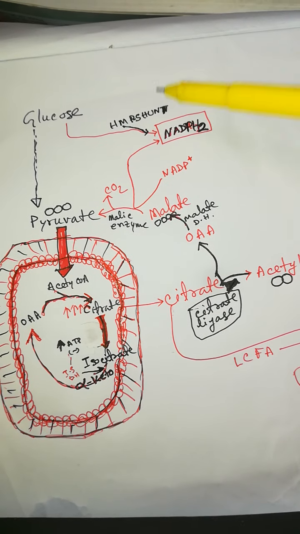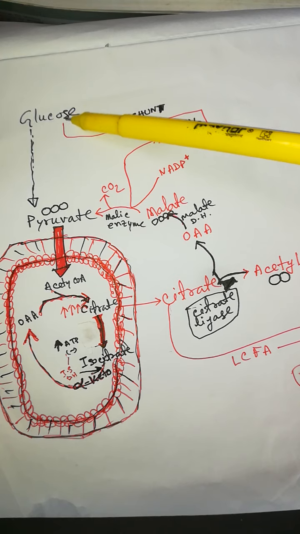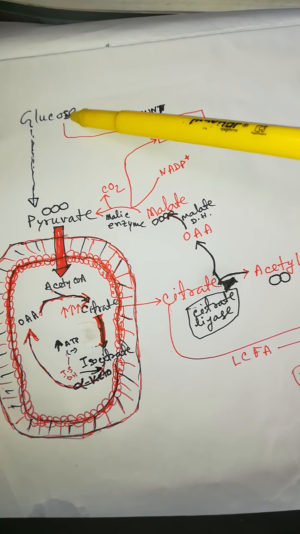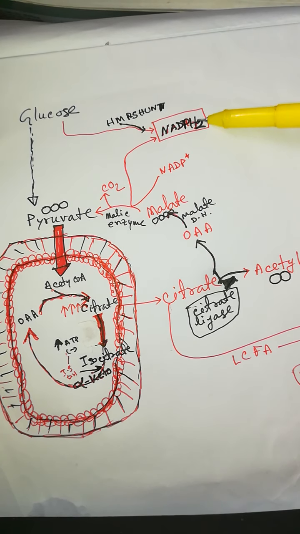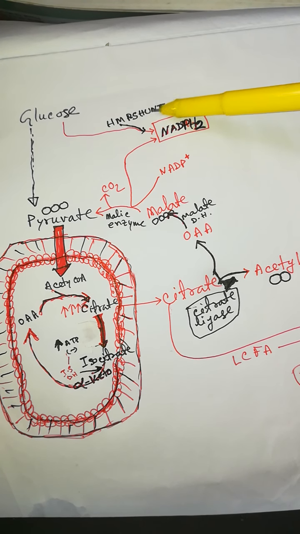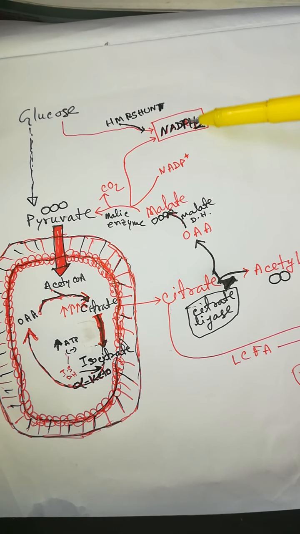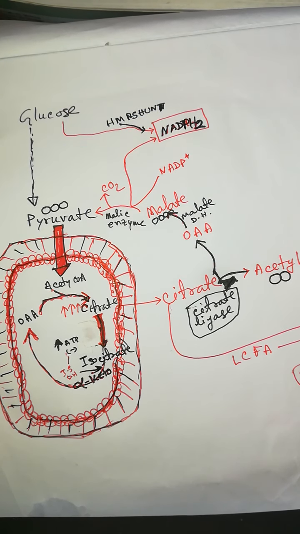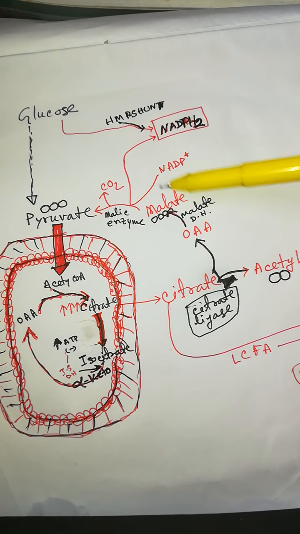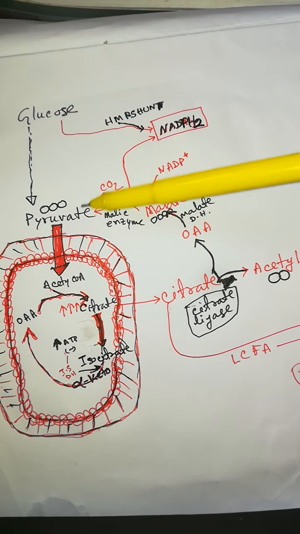And we can get NADPH2 through the HMP shunt. During glycolysis, or glucose oxidation, we can get NADPH2 also through the HMP shunt. Hexose monophosphate shunt, through the hexose monophosphate shunt pathway we can get NADPH2 from glucose oxidation, and we can get NADPH2 from malate to pyruvate.